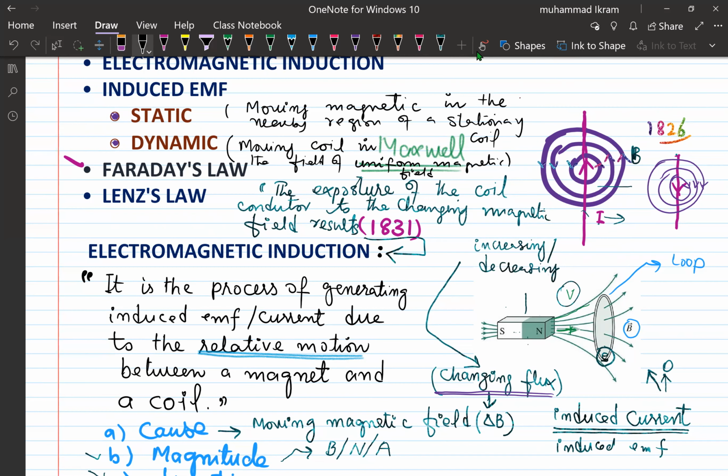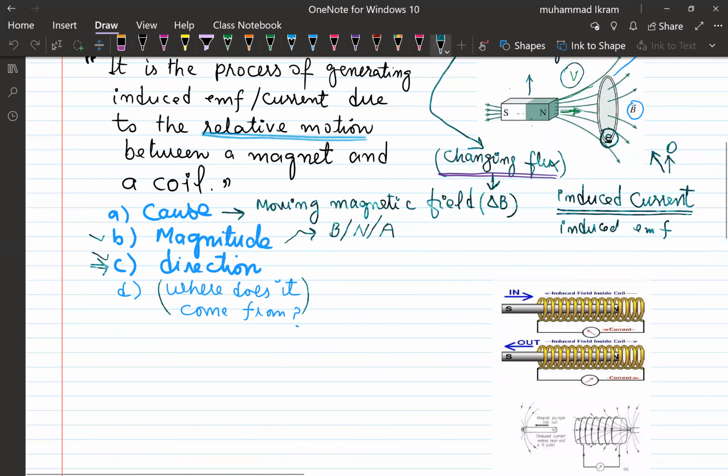But remember, even if you move both the magnetic field and the coil together, there will be induced EMF when the relative velocity of them is not zero. Very simple. As long as there is a changing magnetic flux, even if you both move in a way that you get a changing magnetic flux, the answer is yes, there will be induced EMF. Now let us come to the Faraday law.